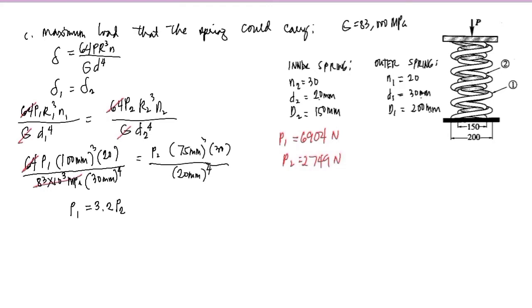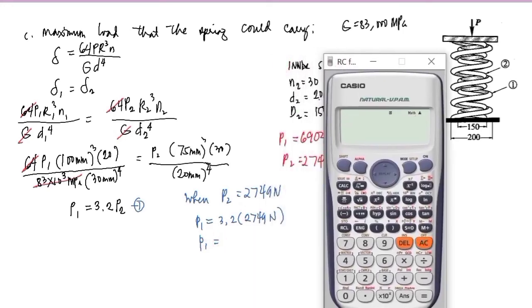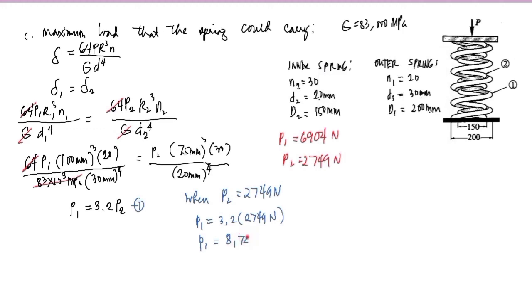When P2 is equal to 2,749 Newton, we substitute that in this equation, and we have P1 equal to 3.2 times 2,749 Newton, that is equal to 8,796.8 Newton.